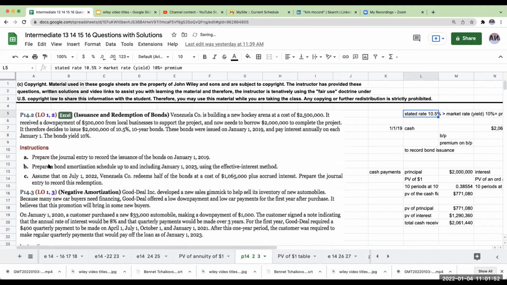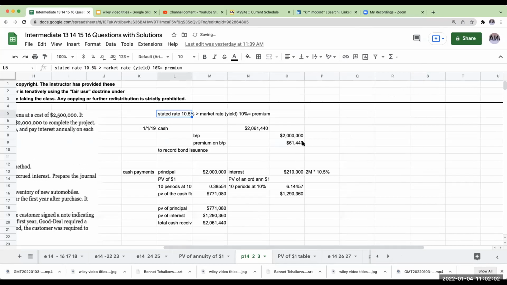Okay. Prepare a bond amortization schedule up to and including January 1st, 2023 using the effective interest method. The effective interest method, what does that mean? Well, you have two different ways of amortizing your premium. You can do it on a straight line basis, which means I take the amount of the premium and divide it by 10, or the number of periods where it's being paid, and then that's how I record it against interest expense.